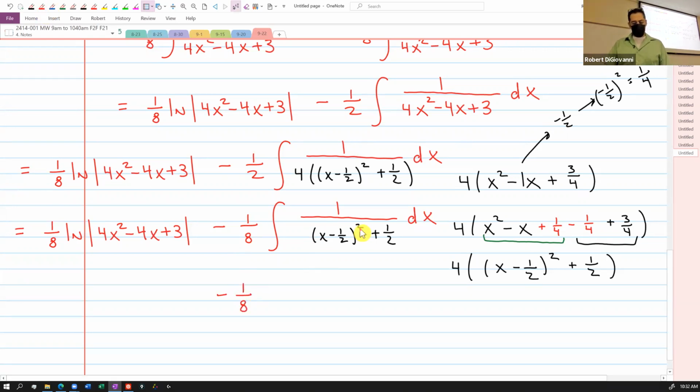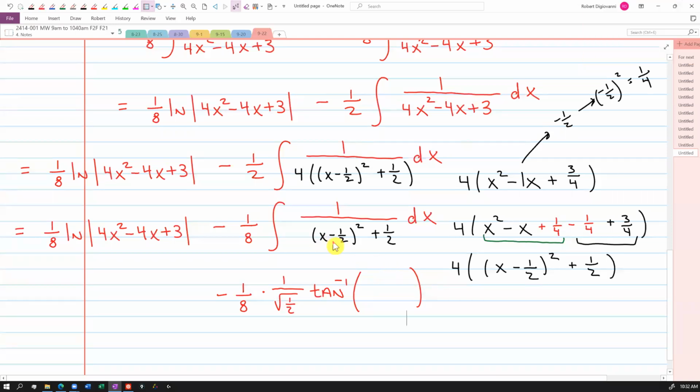Okay, here's the formula. What is A? A is tricky on this one. What is A on this? Square root of 1/2. So the formula says it's 1 over A. So 1 over the square root of a half arctangent of what?